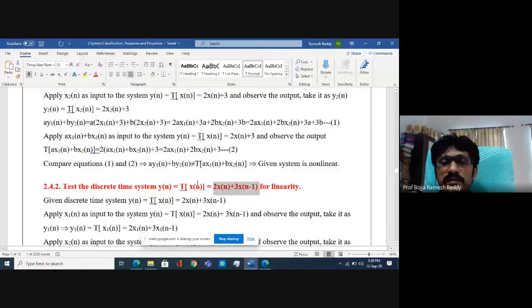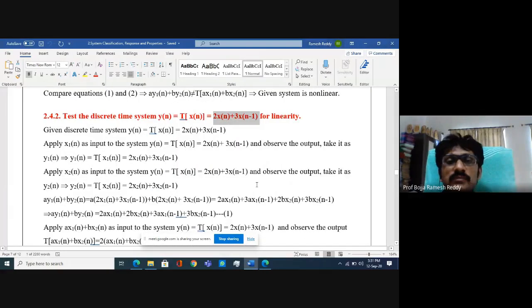But here the difference is, see, this is present output, this is present input, this is past input. Here memory is included. That's why the second example is a dynamic system. The first one is static and non-linear. Here it is dynamic, and we will see the linearity now.